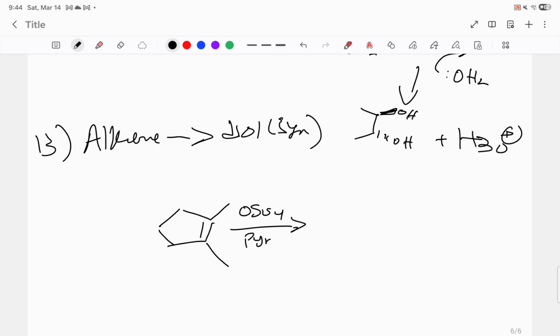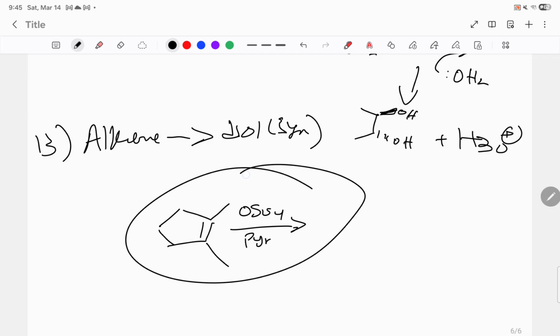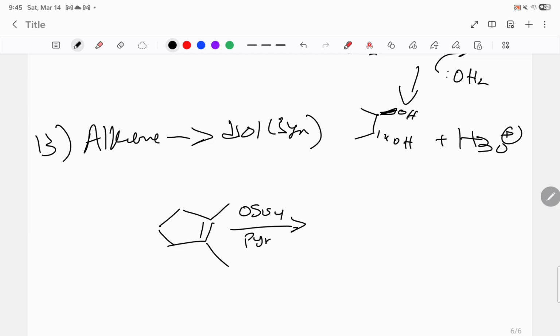And there's 2 ways of doing this reaction. I'm going to show you the non-catalytic way, and I'll show you the catalytic way. So here's the non-catalytic way.